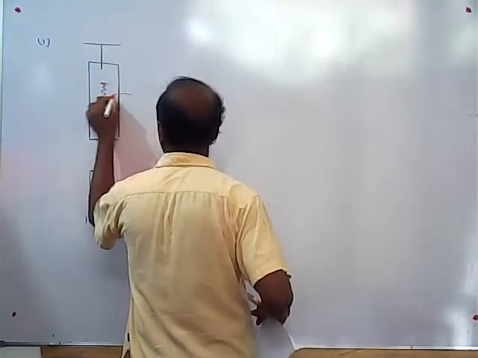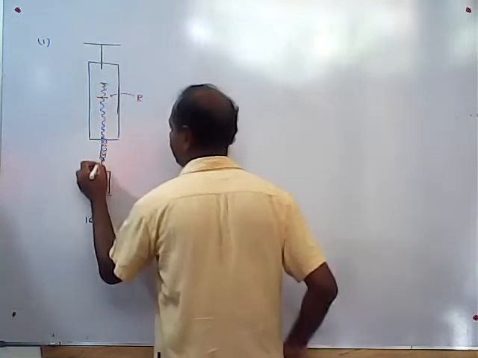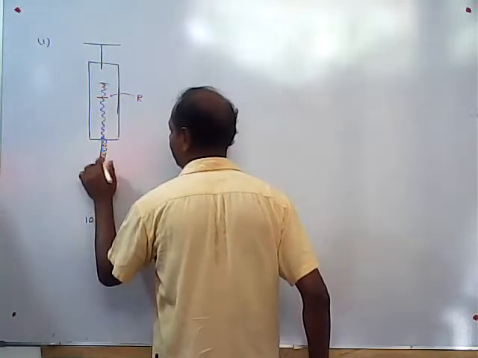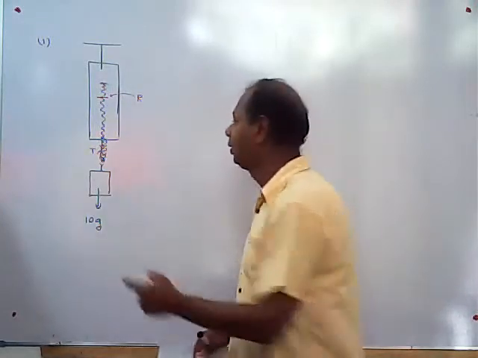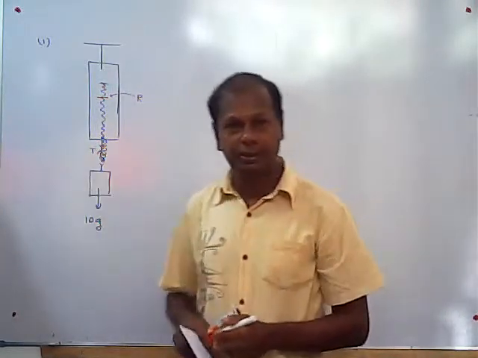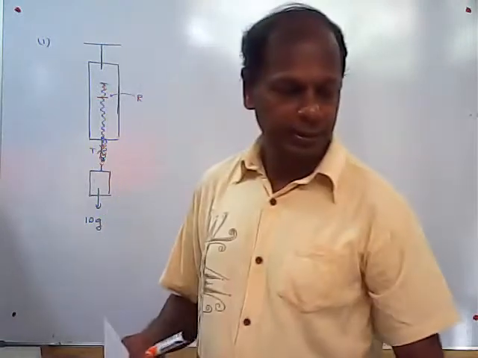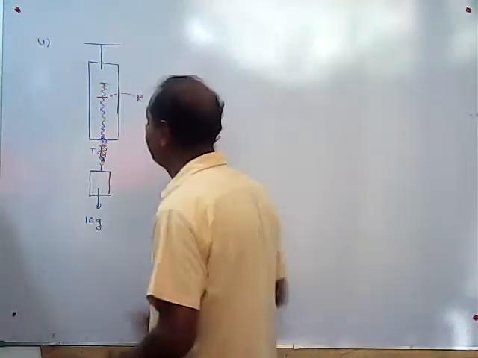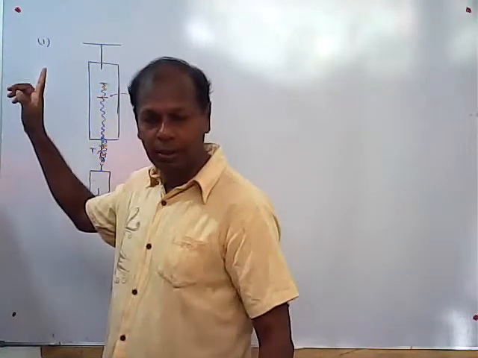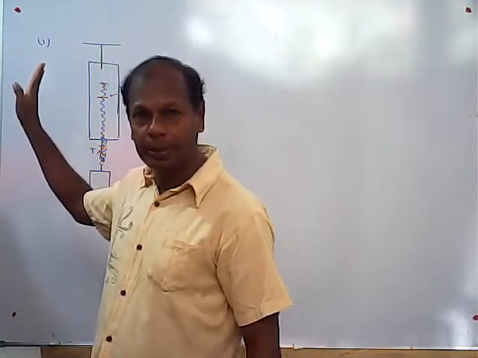This is the reading, right? The reading is equal to T over g. The reading is a measure of T.